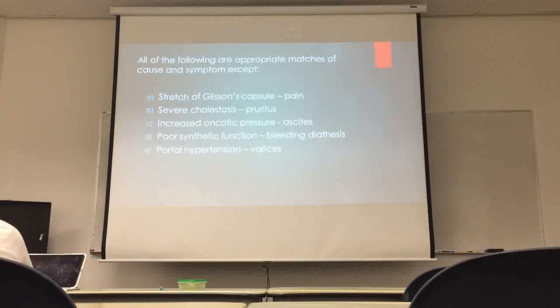A is streptococcus. Is that the capsule on the liver? Yeah, sure. Sounds right. Okay, I think A is right. C is ascites. Where's the oncotic pressure? No, it's not oncotic pressure that causes it. It would be decreased oncotic pressure and increased hydrostatic pressure.